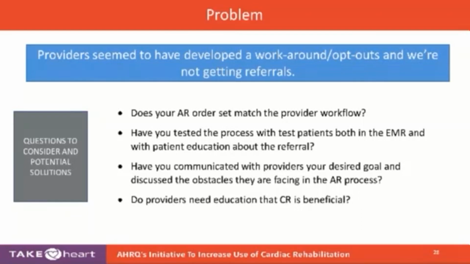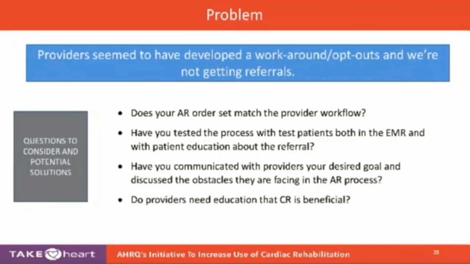Yeah, thanks. And we've got a question from the audience. As a provider, do you find the inappropriate diagnosis is often auto-selected on the referral? We're finding that the admitting diagnosis is used on these referrals, which causes a lot of work for the CR team members to get this corrected.